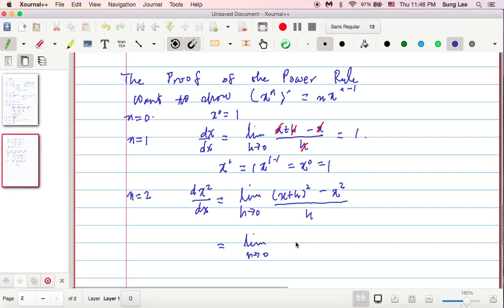If you expand x plus h squared, we get x squared plus 2xh plus h squared, minus x squared, all over h. So we can cancel x squared out, and then the remaining terms all have h in common, so we can divide by h. That leaves us 2x plus h.